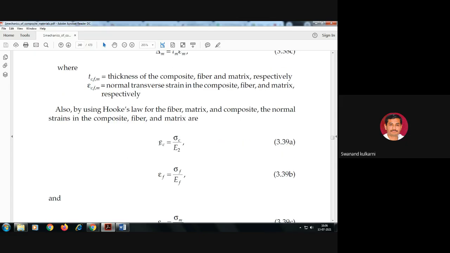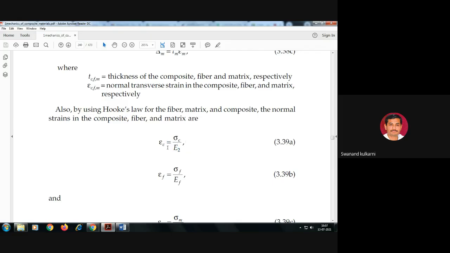So the strain in composite material is given by sigma C upon E2. Is it okay? Earlier we have used the notation E1, but now we are using the notation E2. E1 was representative of the longitudinal Young's modulus, but E2 represents the lateral Young's modulus. So E2 is the notation used for identifying the Young's modulus in the lateral direction. We can see here how this E2 is used.